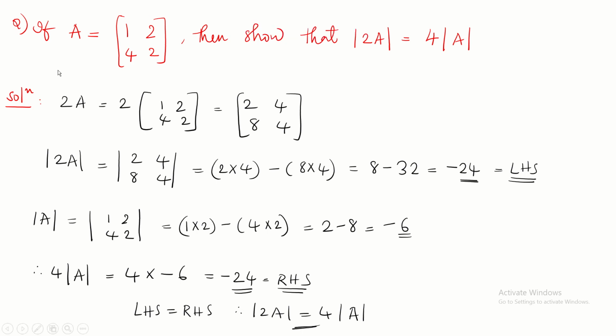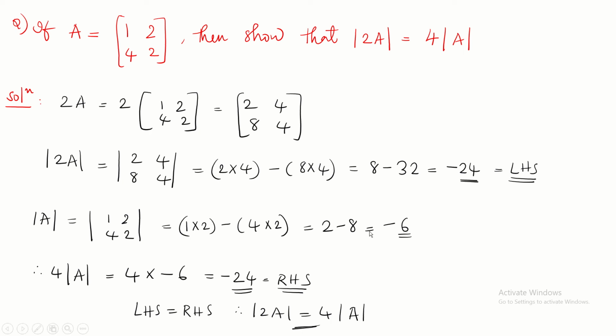Similarly, we have the next question. If A is equal to the matrix 1, 2, 4, 2, then show that determinant of 2A is equal to 4 into determinant of A. I hope whatever I have written in the slide is understandable. So go through the slide, go to the answer and write it yourself.